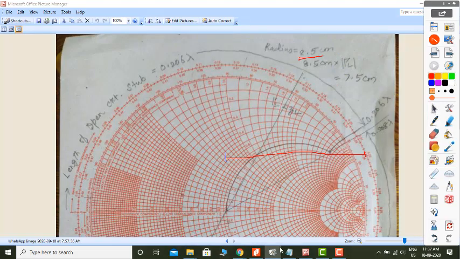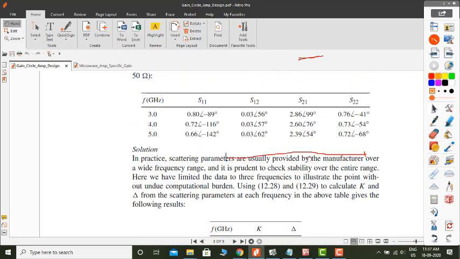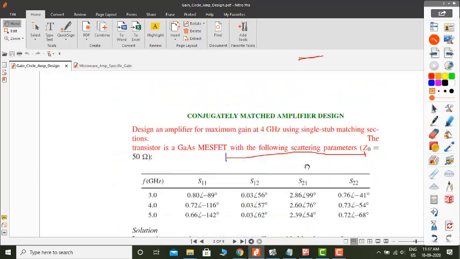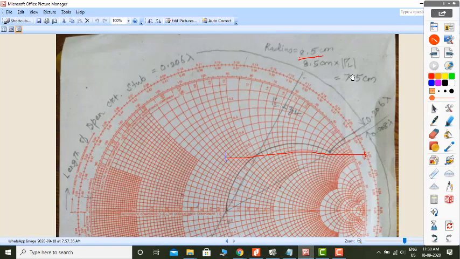What is the magnitude of gamma L? 0.876. You multiply 0.876 with 8.5 centimeter, which gives us 7.5 centimeter.